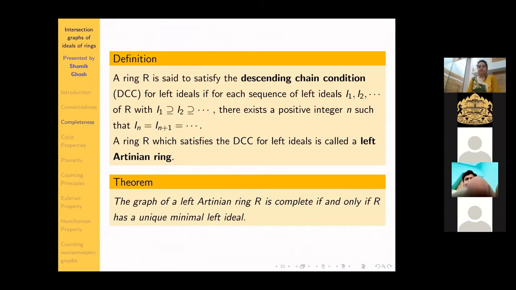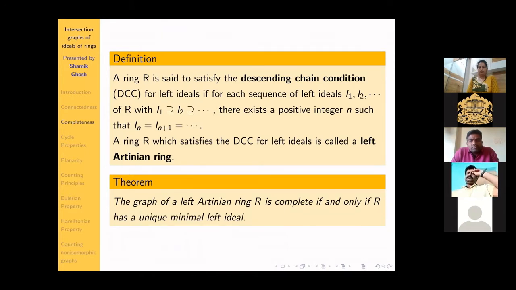Okay. So we pass on to another class of rings to study completeness. Actually, what you are seeing in the case of Z32 is that all the ideals are such that one is a subset of the other, and that is a subset of the next, like this.